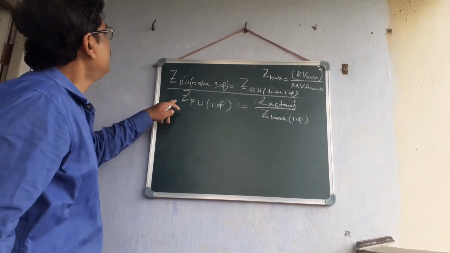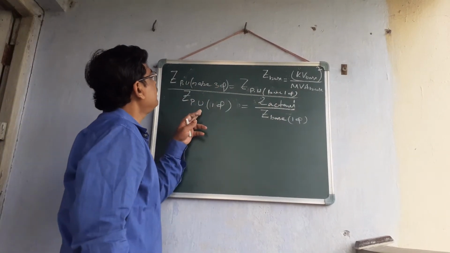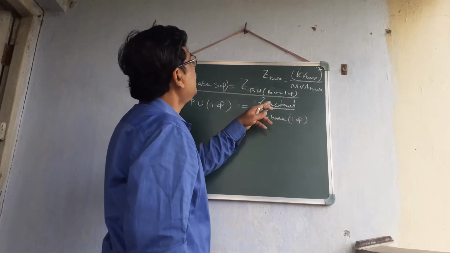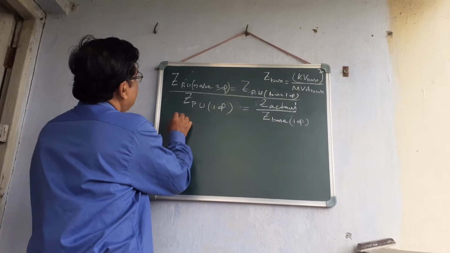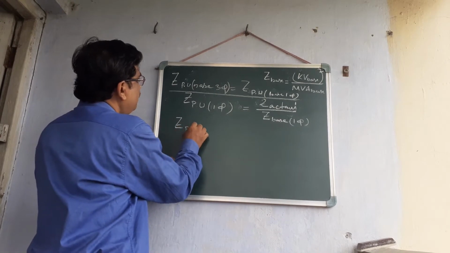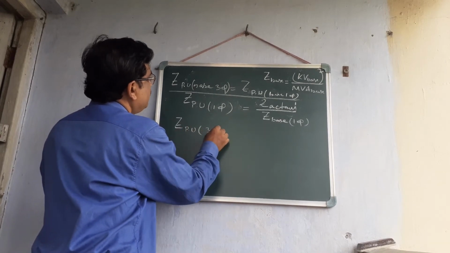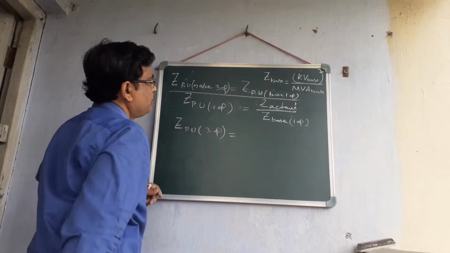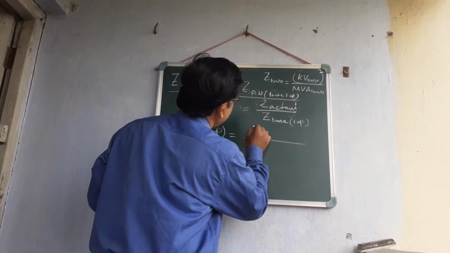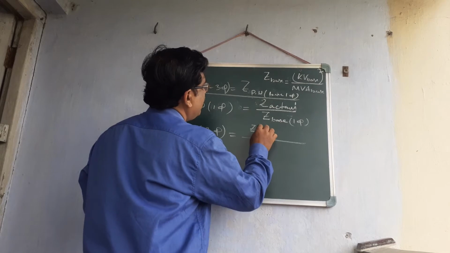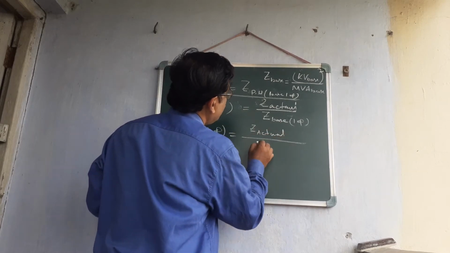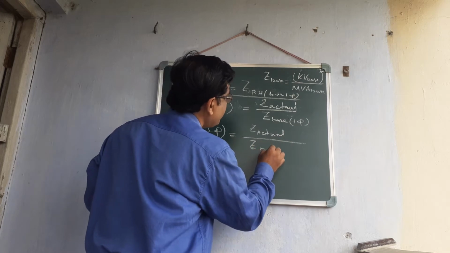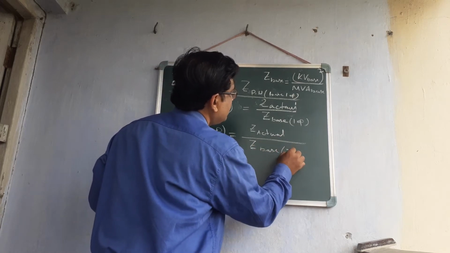So per unit of Z of single-phase system is Z actual by Z base in single phase. Now Z per unit value of three phase based on three phase is equal to Z actual by Z base on three phase.